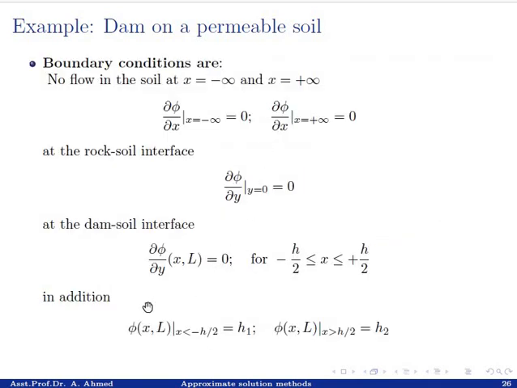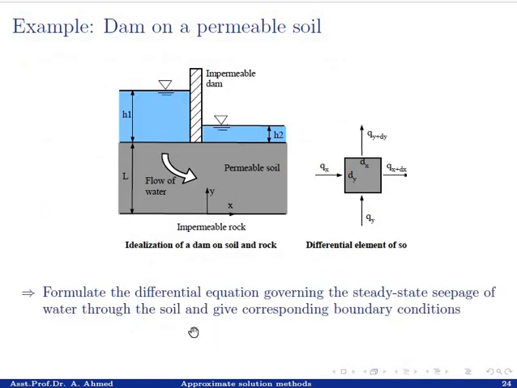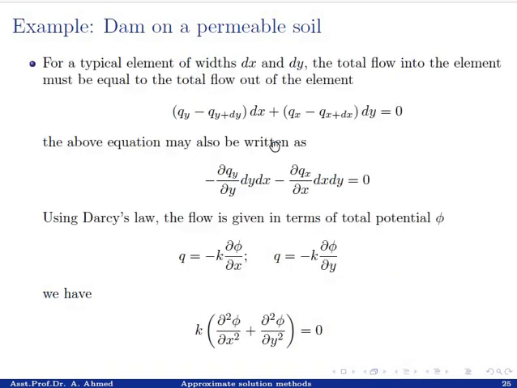This is the mathematical representation: for values of x less than minus h by 2, in this zone, at y equals L, the total potential is equal to H1, and for values of x larger than h by 2 and for y equals L, the total potential is equal to H2.